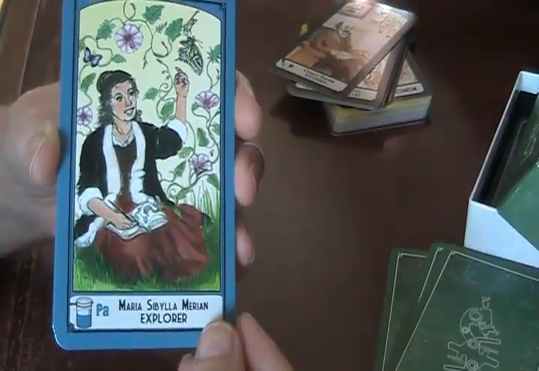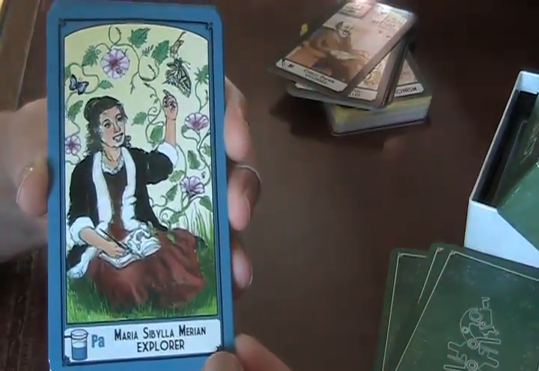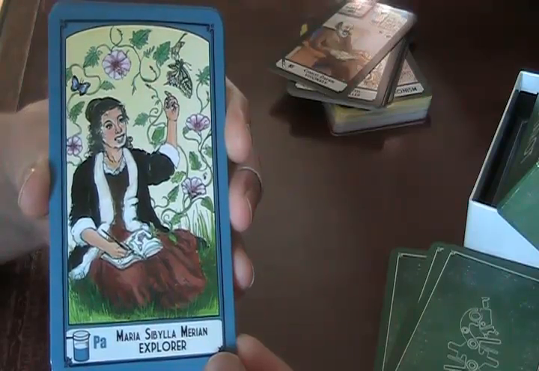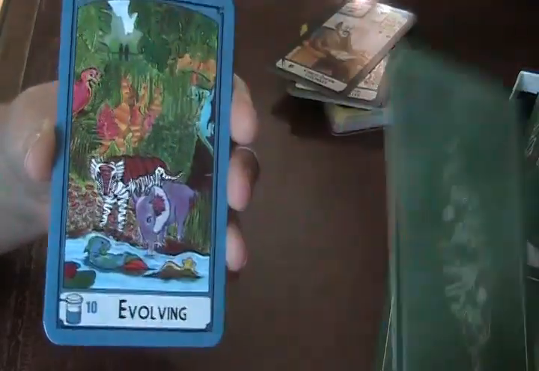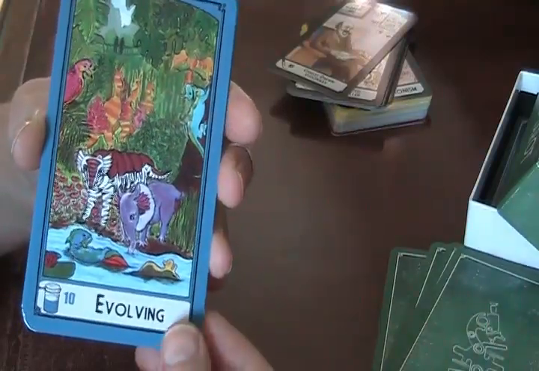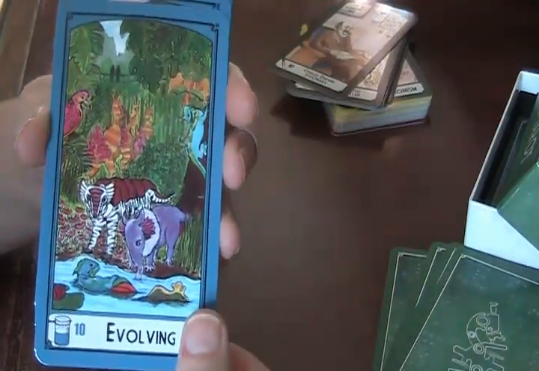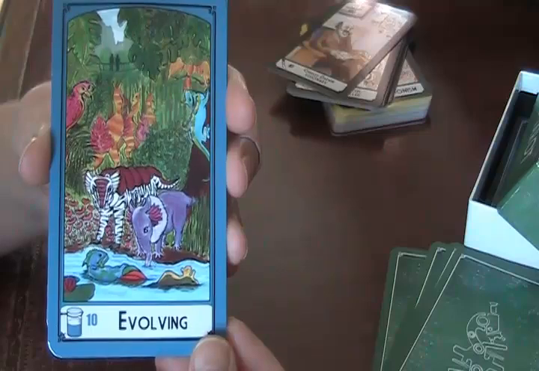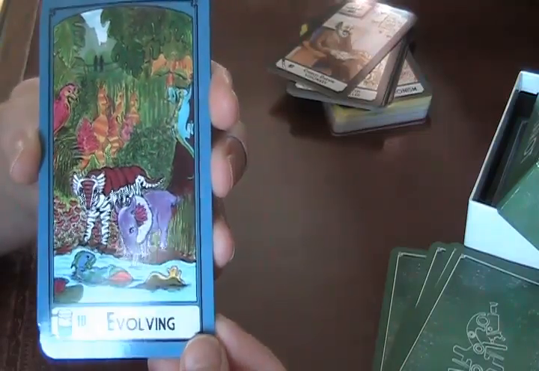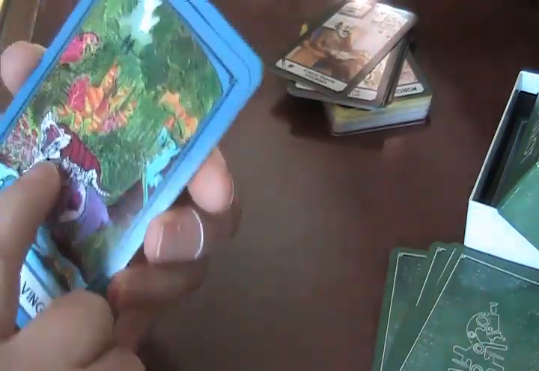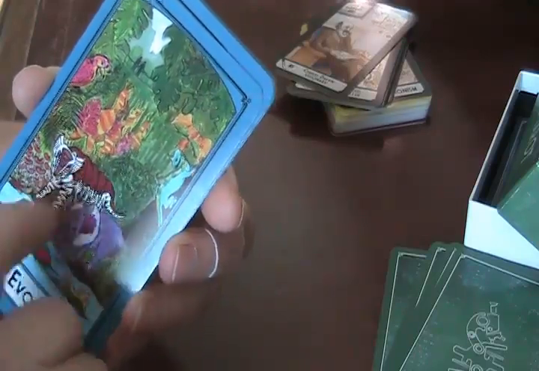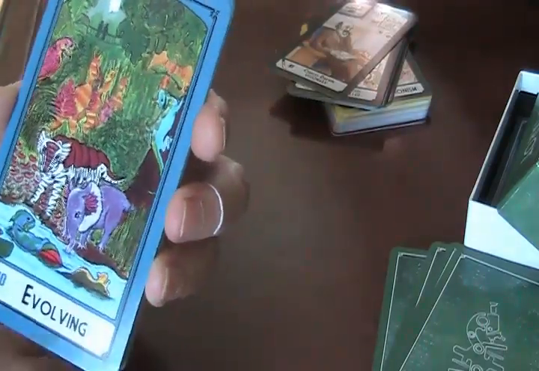Maria Sibylla Merian. And we have the 10 of Cups. Looks like an armadillo, zebra, tiger.